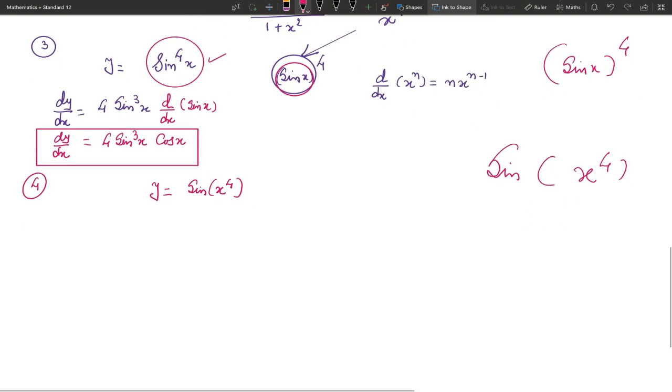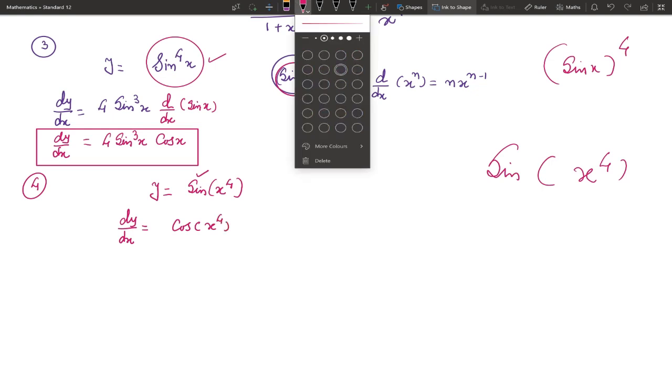So when we differentiate this with respect to x, dy by dx, first we have to use the formula d by dx of sine x, which is cos x. So this is cos of x raised to 4.